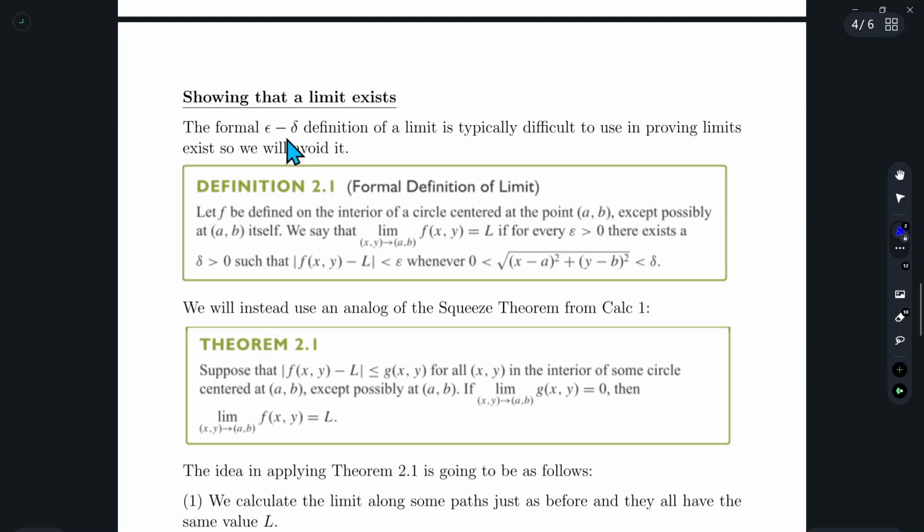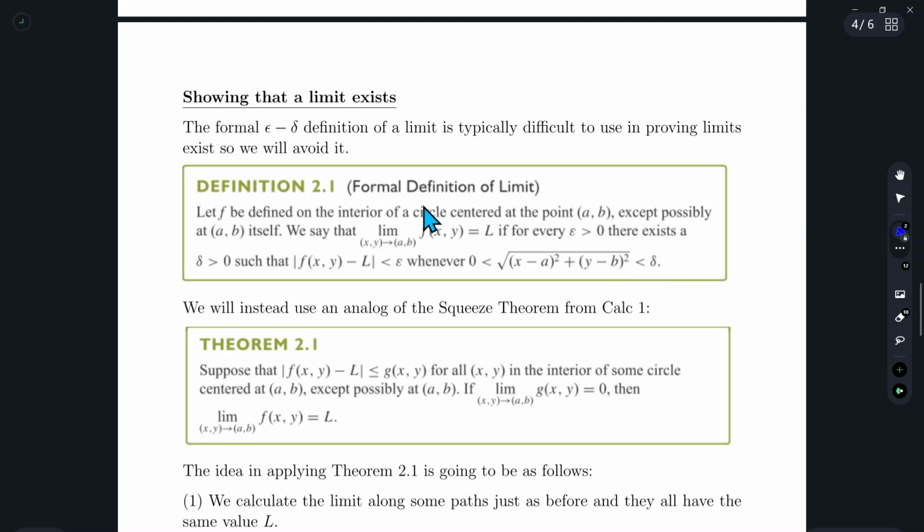It's typically called the epsilon delta definition of a limit because when it's written, it says we say that the value of a limit is equal to L if for every possible epsilon greater than 0, we're able to find some delta greater than 0 such that this inequality holds whenever we have this inequality with delta, right?